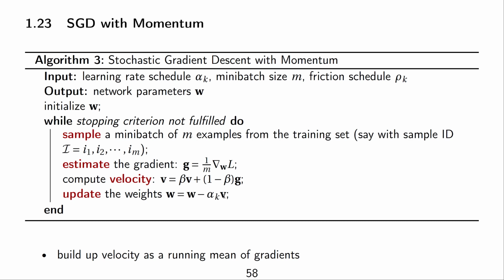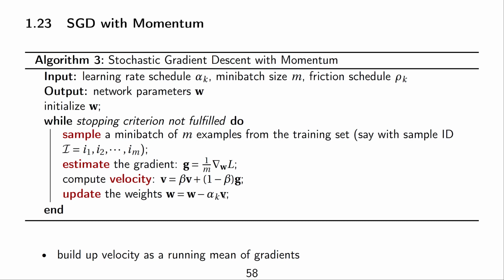Since we studied this exponentially moving average quite extensively in detail, we can now simply explain what the main change is. Instead of updating the weights using the gradient, we are using an exponentially moving average of the gradient.